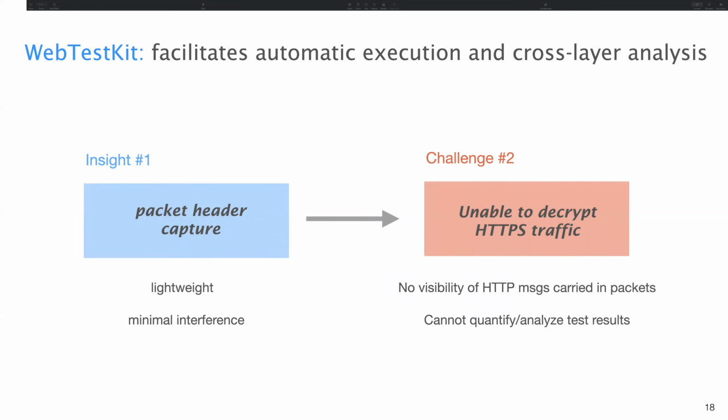However, since we don't capture the full packets, it's impossible to use the SSL key to decrypt the traffic, which leads to our second challenge. Failing to decrypt the HTTPS traffic results in no visibility of HTTP messages carried in the packets, and this lack of visibility makes a lot of quantification and interesting analysis impossible.